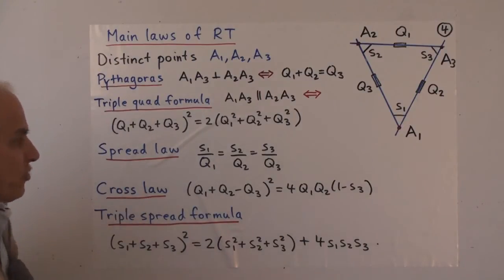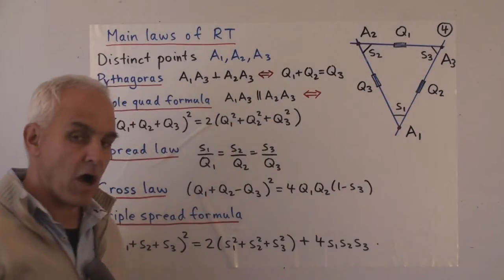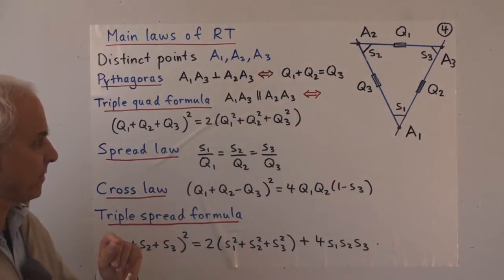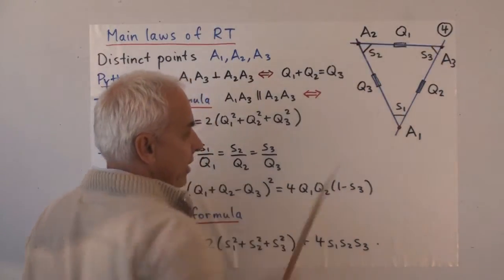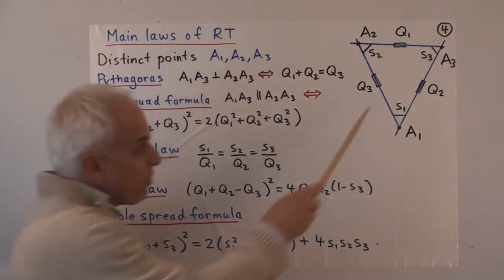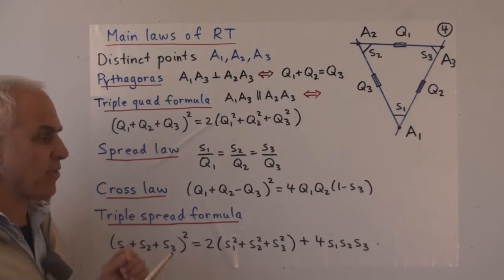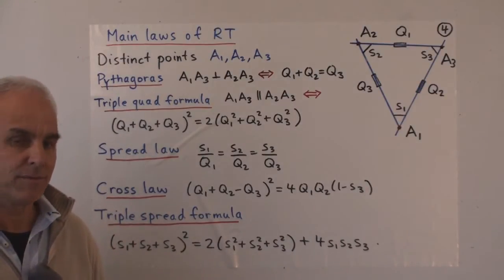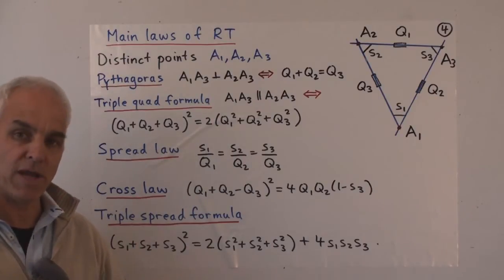Next formula, the triple quad formula. It gives a condition for when the same 2 lines are parallel. When is this line parallel to this line? Well, they both go through this point. So in fact, that's just another way of saying that the 3 points are collinear. So this condition is exactly the same as saying the 3 points A1, A2, and A3 are collinear.